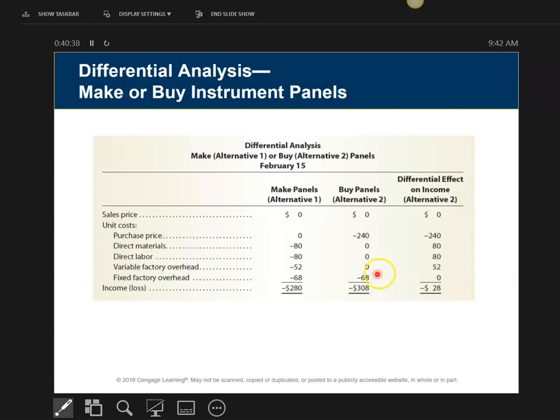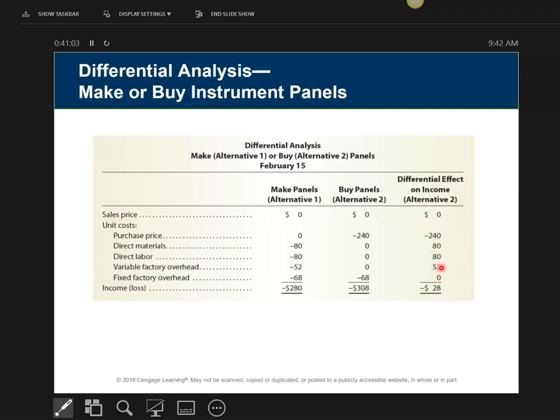So when I look at the differential effect on income, if I decide to buy, here's what it looks like. Again, revenues or sales price is not even in the picture right now. So if I take the difference between here and here, I'm losing $240. The difference between these numbers, I'm gaining $80 if I buy it.